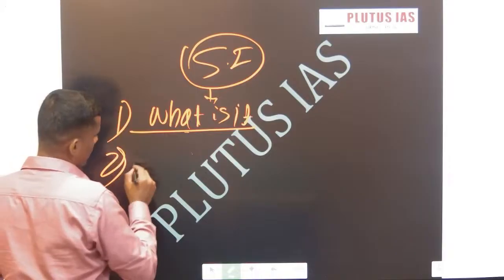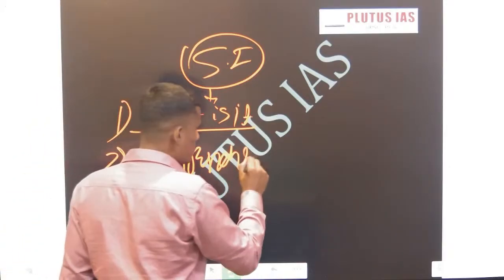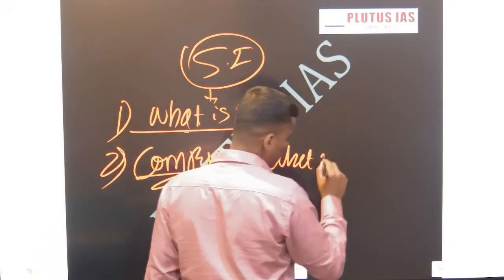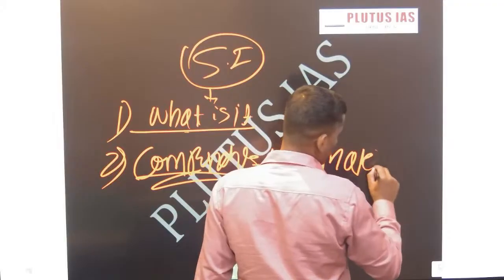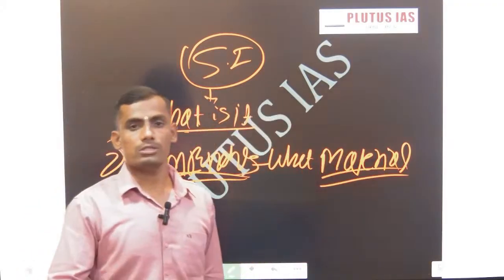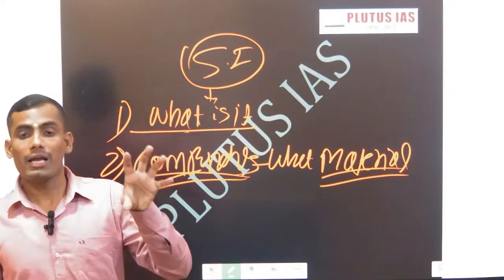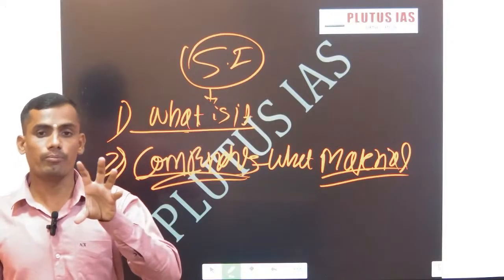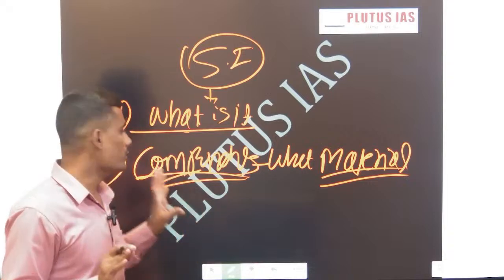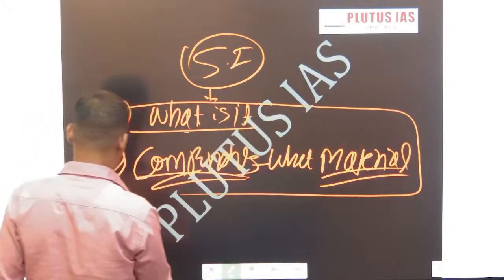The second is the components, I mean what materials are used. UPSC might ask this, because in 2023 UPSC asked what exact metals are found in electronic waste. So this could be a potential question, and these two aspects are for your prelims.